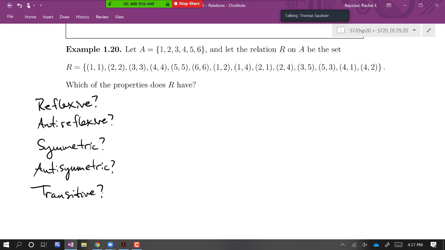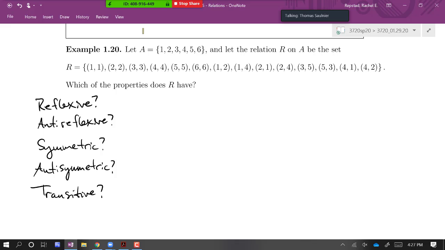I guess we're looking to see if for each unique element in A, if the first element of an ordered pair is that element, then the other should be as well. Right. It's not that anytime we have an element. Well, let me see if I understand what you're saying correctly. Based on that, do you think this is reflexive?